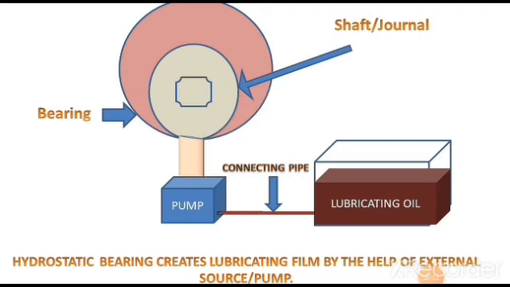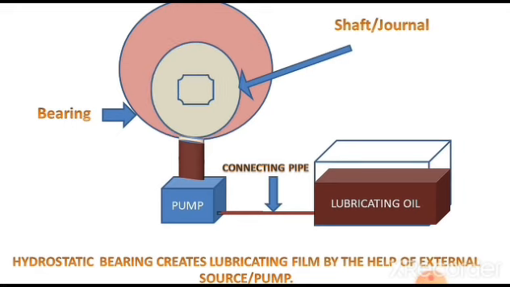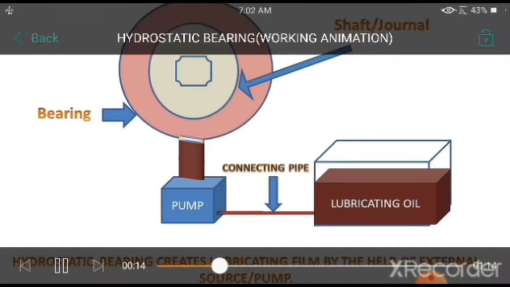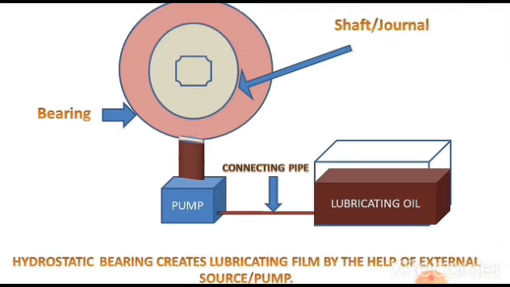The oil will be supplied through this pipe and the pump will pump the oil, and the shaft will go upward. So a gap is maintained between the bearing and the journal. Now we can start our working.